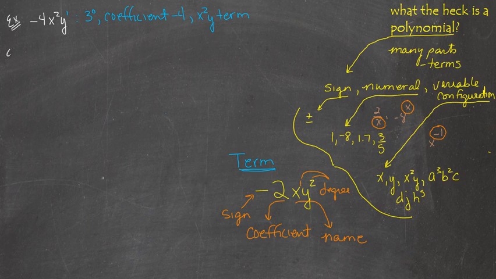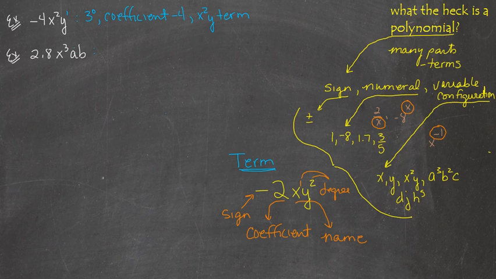Let's do it again. So 2.8 x cubed AB. First, determine if it's a polynomial, and it is, because I have a sign. It's a plus sign. Just because I didn't write it doesn't mean it's not a positive. 2.8 is a numeral, and I have x cubed AB, a variable configuration. Now let's break it down.